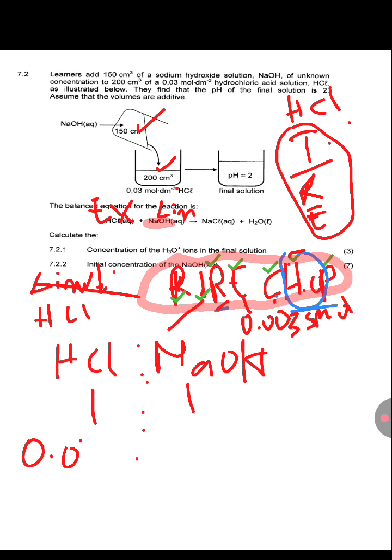It is 0.0025. I missed one zero there. Then what are the number of moles of NaOH? Okay, if the ratio is 1:1, then the number of moles are the same, right?